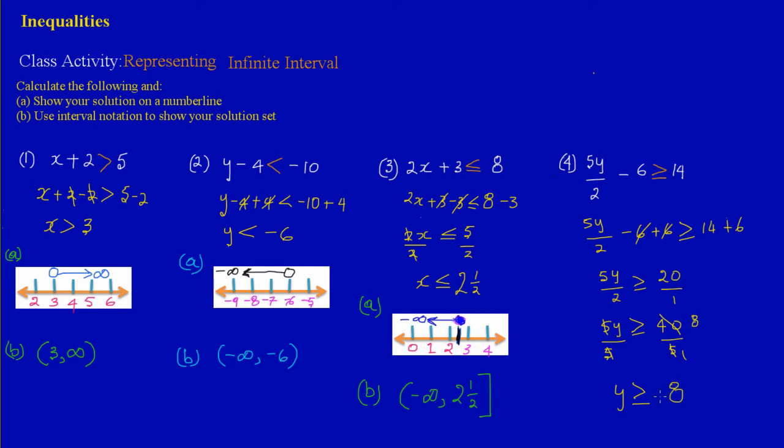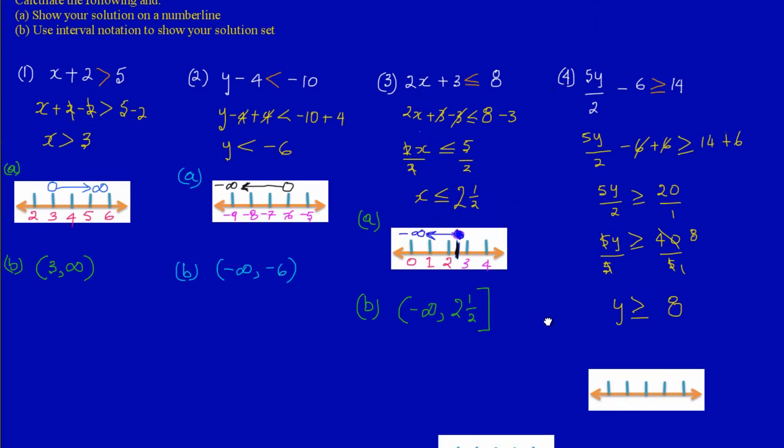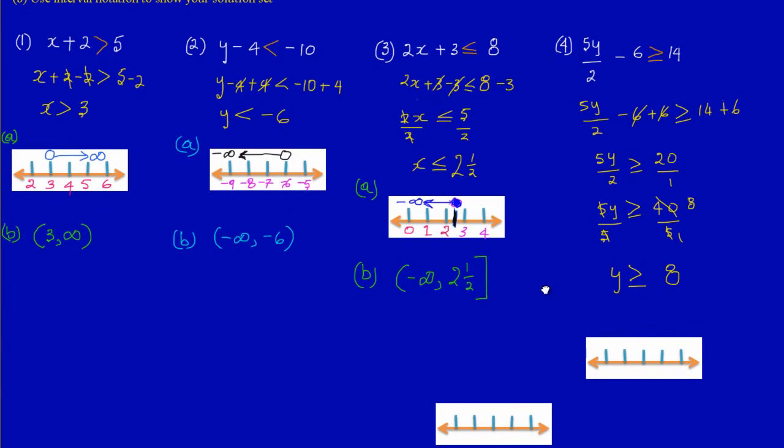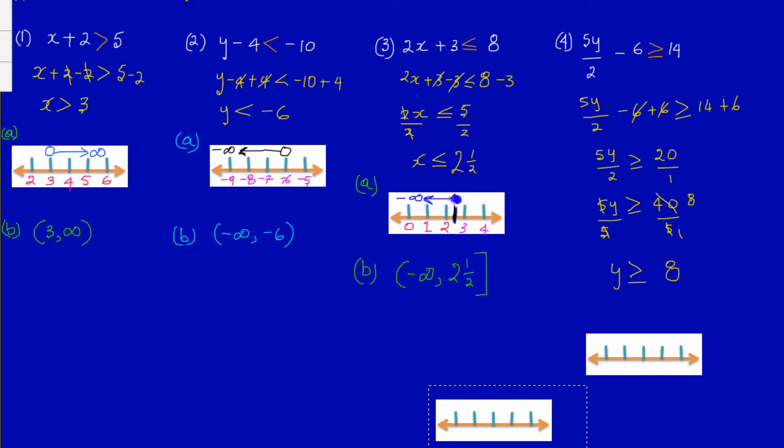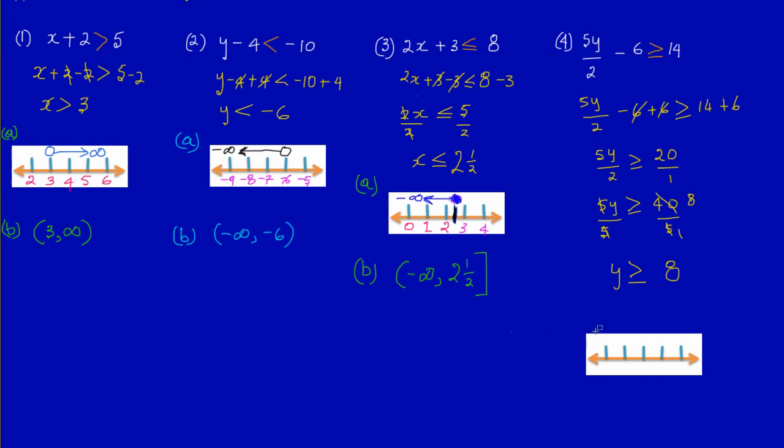So y must be greater than or equal to 8. Now let me just pull this down some more so that we can get a little space here to work with. Okay guys, I have one more number line that I'm not going to need, so let's get rid of it. Okay, good. Now we can represent this on a number line quickly.